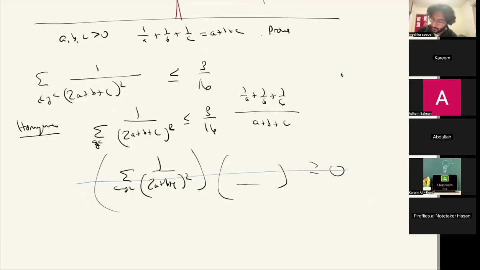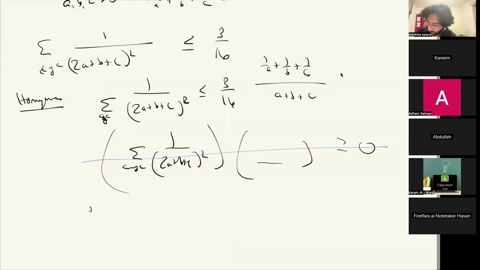I'm not sure. But with Jensen, it's pretty straightforward, because what's the idea here? Okay, so we have this homogeneous inequality, but in order to use Jensen, you have to dehomogenize. And the cleanest dehomogenization is to fix a plus b plus c. In this case, let's make it 3. It doesn't matter, but let's do 3. So let's fix a plus b plus c equals 3.